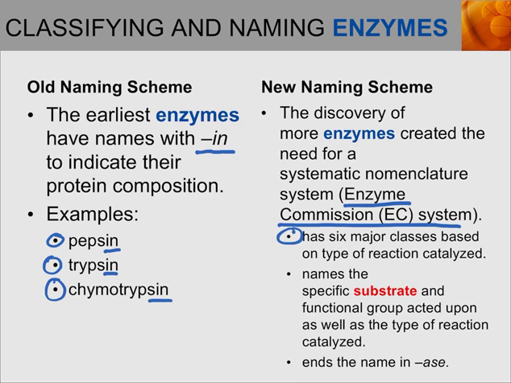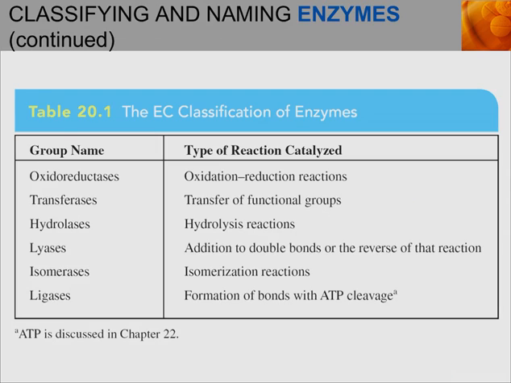But basically, in this naming scheme, we're going to name the specific substrate or substance that the enzyme reacts with, and the functional group that's acted upon, as well as the type of reaction that's catalyzed. So there's a lot that goes into this naming scheme. And then we end the name in ACE. So let's look at the 6 major classes.